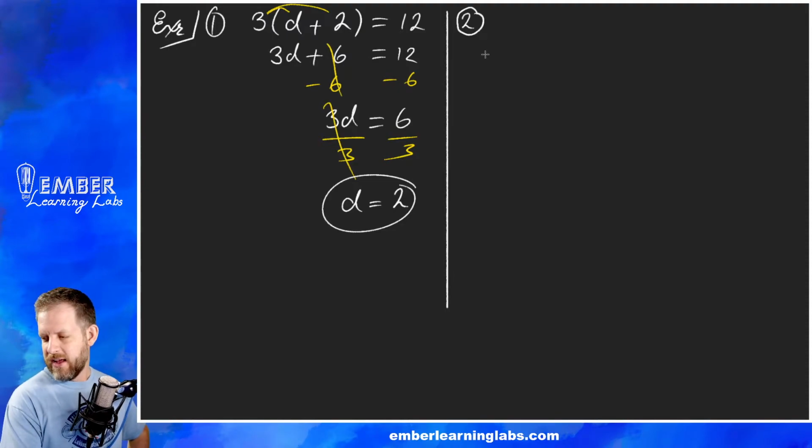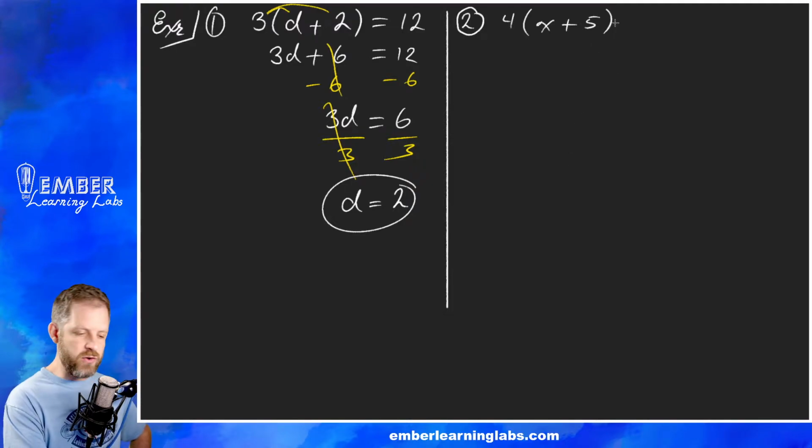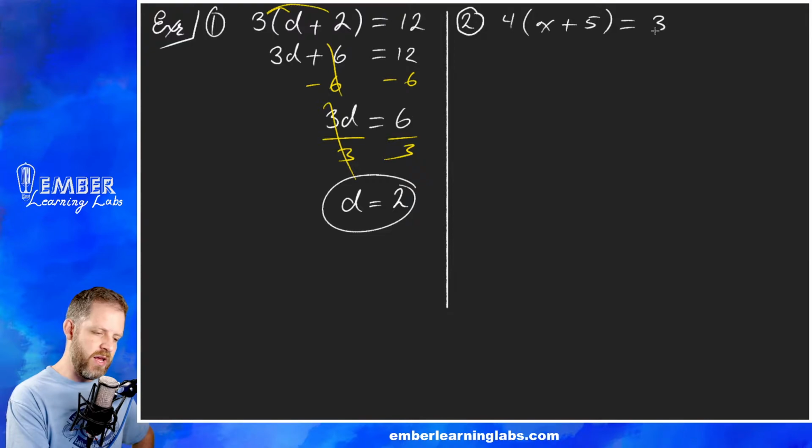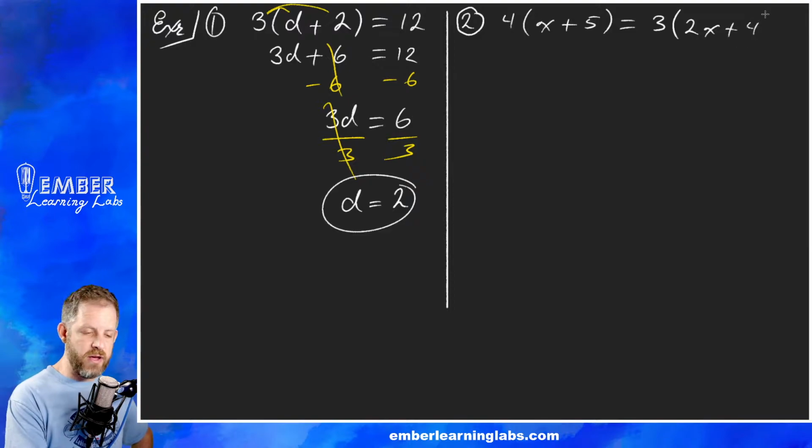So the more complicated they get, we don't have to worry about it because the steps aren't any different. So the next one is going to be 4 times x plus 5 equals 3 times 2x plus 4. Now, we've got 2 different distributive properties here, right?